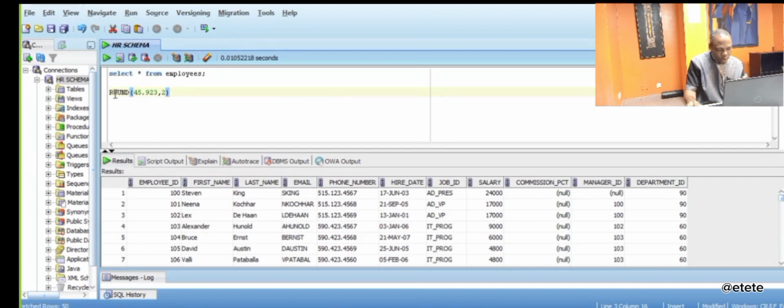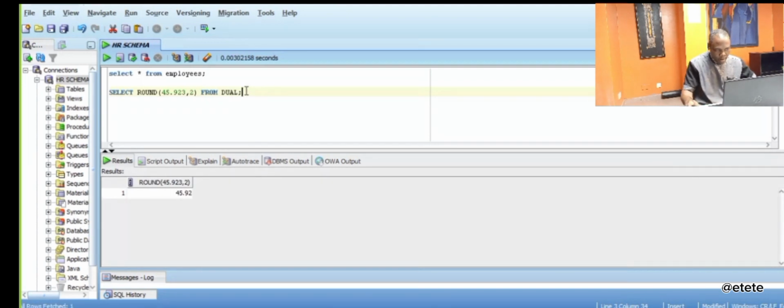You remember what I told you in my last lecture about the dummy table called dual. So we are going to use more of that dummy table to do the calculation today. So here I will say select round, and I will supply these parameters to it, and then I will call that from dual. I will end this. I'm going to run this.